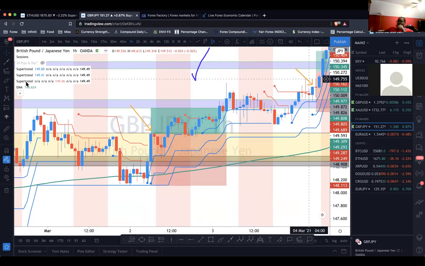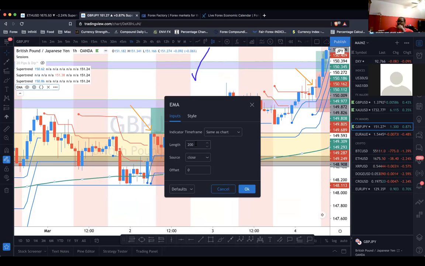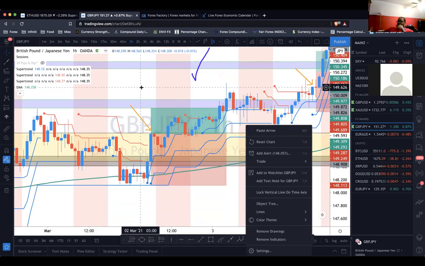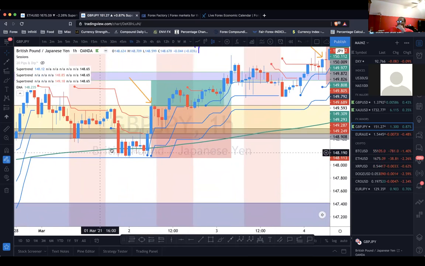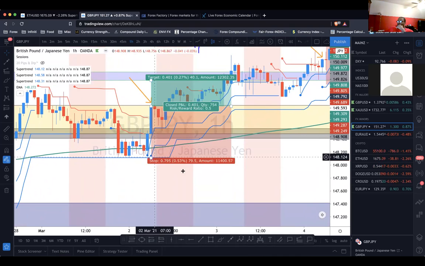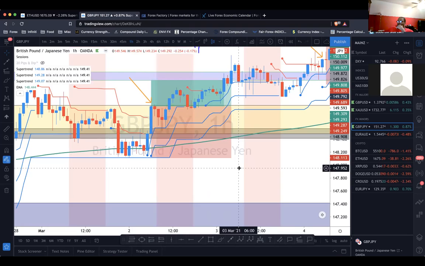In the video that Paul has explaining it, you'll see what settings to use for these, because the default settings will not work. Other than that, it's just an EMA 200 period or length. The idea is you want to look for buys above the EMA and sells below the EMA.